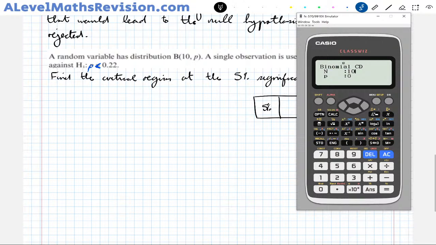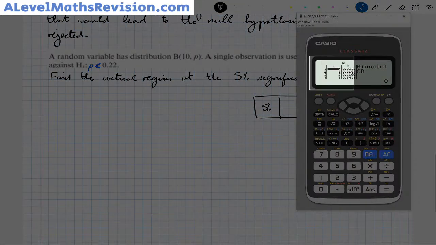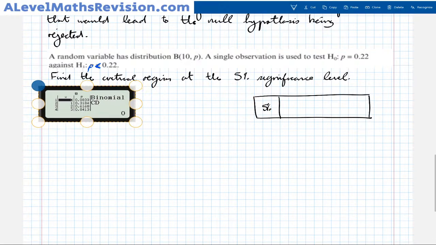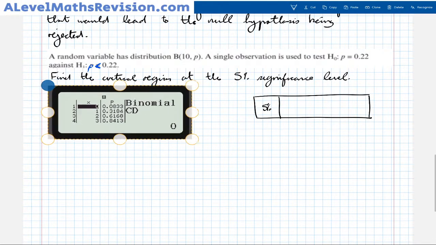So there were 10 observations, and the probability of winning was 0.22. So there we have it there. So if I show you what the calculator has given us.